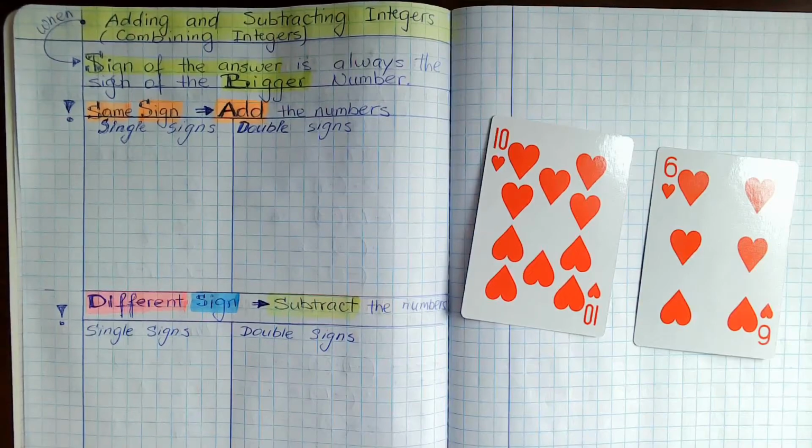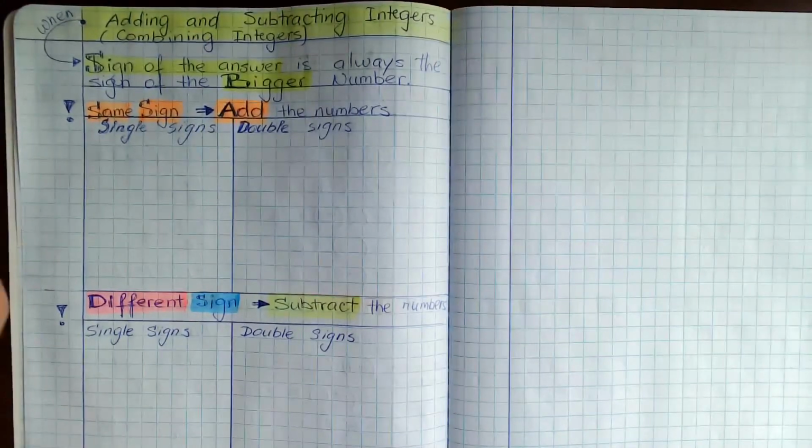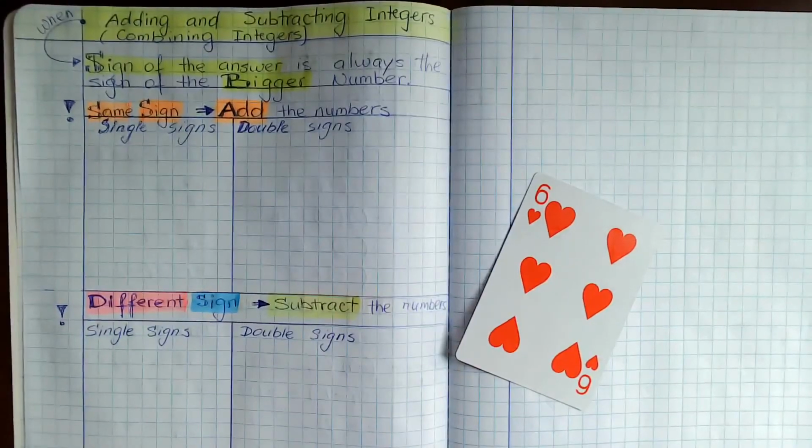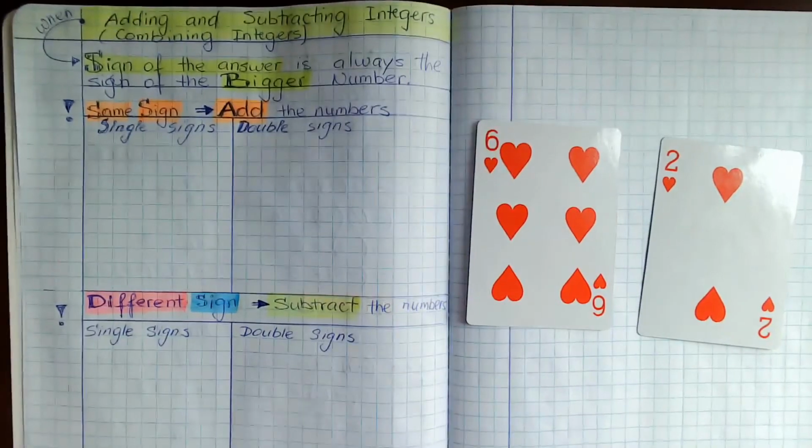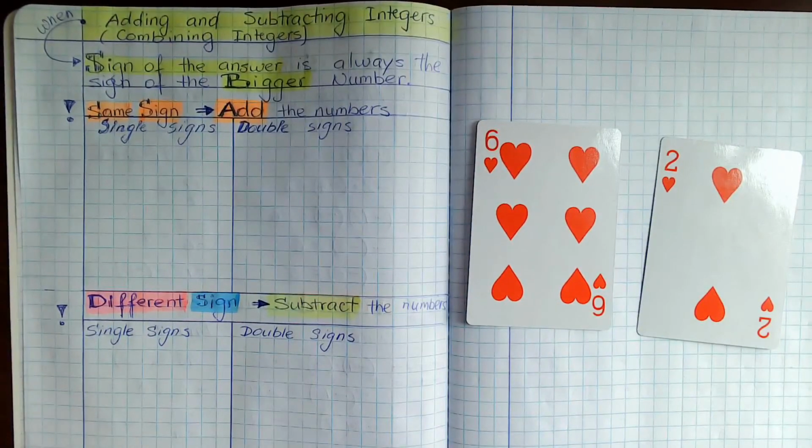Well, the same is true for an addition problem. If I convert this problem, let's say 6 plus 2, into a mathematical sentence, I'm going to connect my hearts with positive numbers. You can connect with a sign for each number.